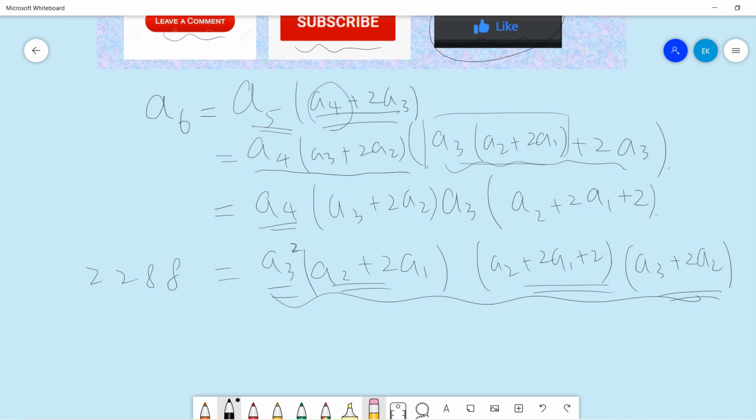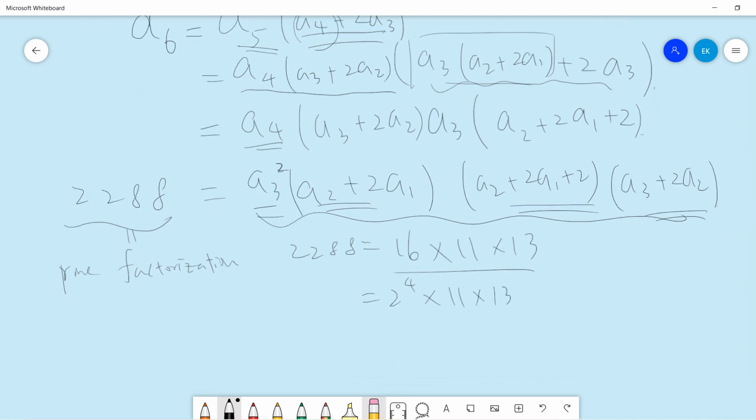Very easy. You just do the prime factorization. Just write it as primes. So let's see, 2 to the a8, I can write as 16 times 11 times 13. I mean, you can try, right? So it's 2 to the 4th times 11 times 13. You need to write it as 4 products.